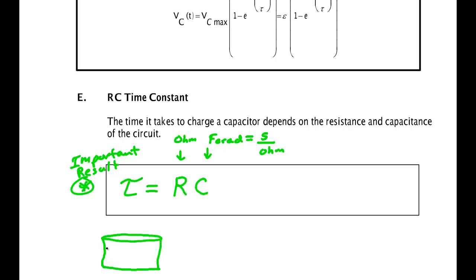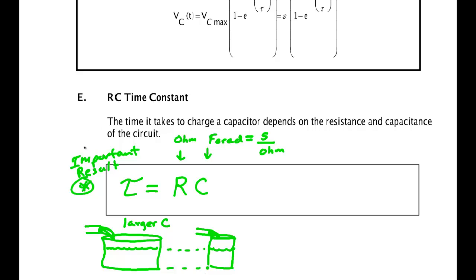If it was a swimming pool and you were filling it up, and let's say you had a single size pipe and you had that swimming pool while your friend had this swimming pool. This pool has a larger C, a larger capacity. It will take more charge to raise it to the same height as the smaller pool.